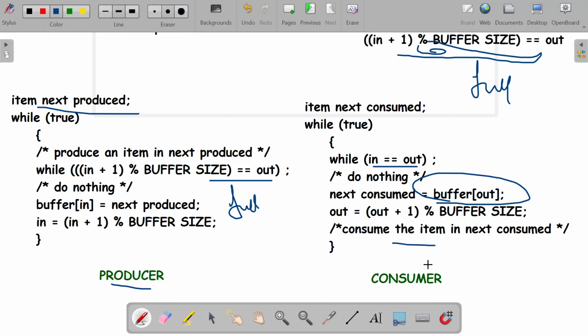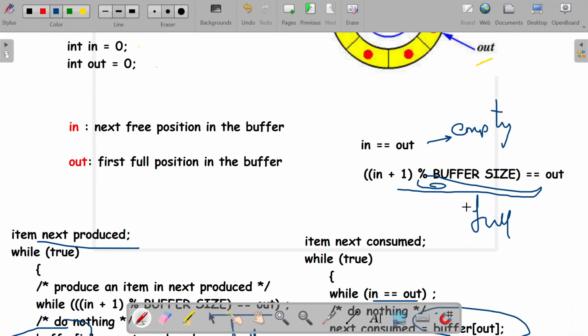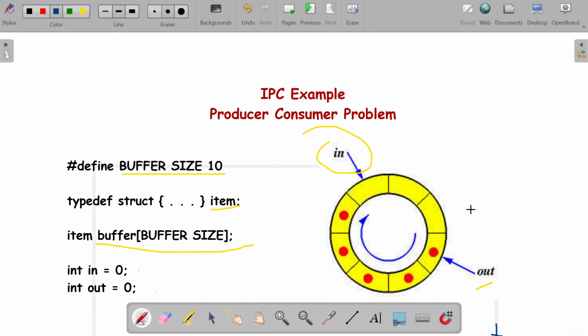There the item is consumed, and this is the consumer. This is how the producer and consumer use one common buffer. This buffer is the shared memory between the producer and consumer to work cooperatively. So this is the standard example of IPC, the producer-consumer problem.